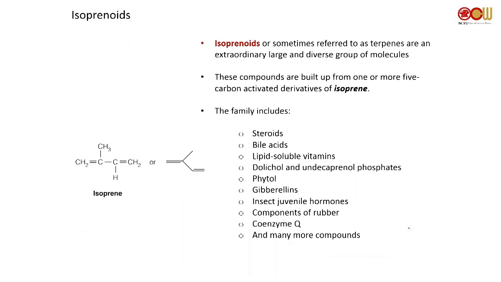Isoprenoids. This is what I wanted to introduce. Isoprenoids, or sometimes they're referred to as terpenes, are an extraordinarily large and diverse group of molecules. I cannot express how many different kinds of molecules are derived from this class of precursors.